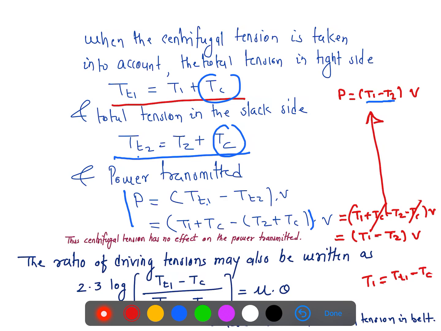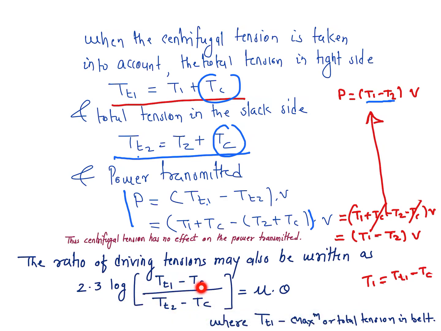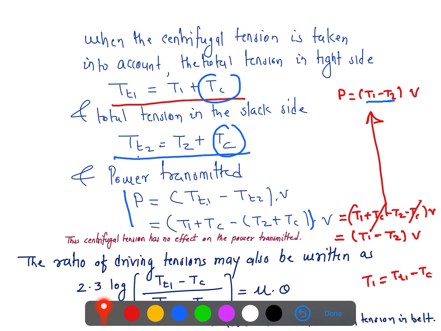So we included that term here, and it will be 2.3 log of (Tt1 minus Tc) divided by (Tt2 minus Tc) equal to mu theta, where Tt1 is the maximum or total tension in the belt drive. From this we came to know that though there is no effect on the power transmitted because of the centrifugal tension, and it remains the same, this centrifugal tension plays an important role while designing a belt drive.